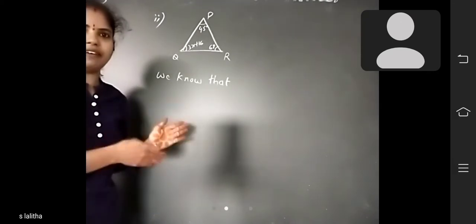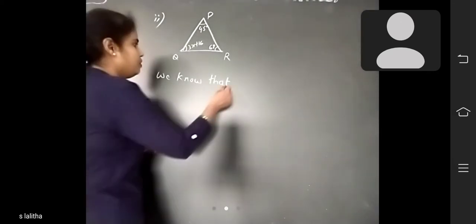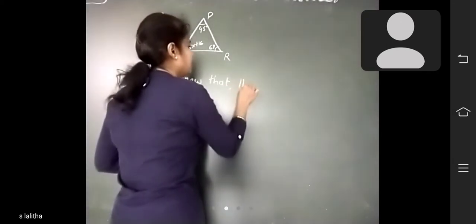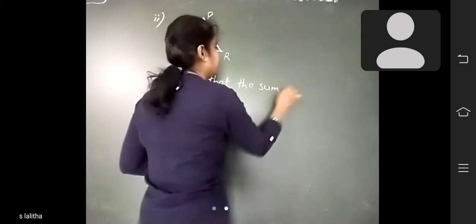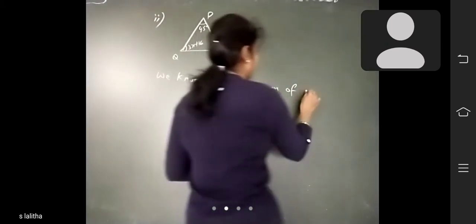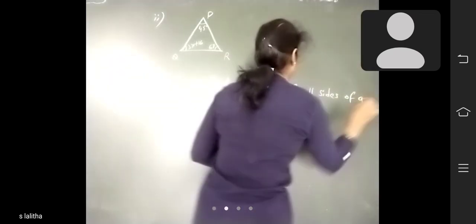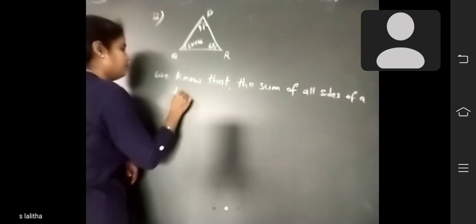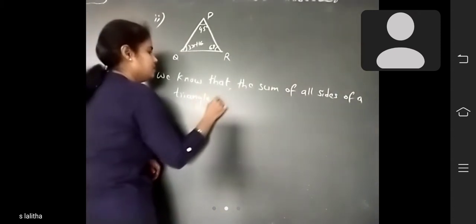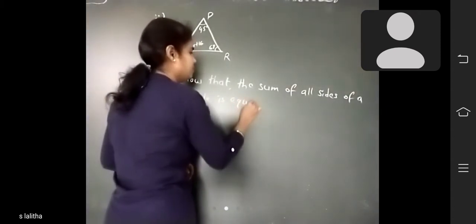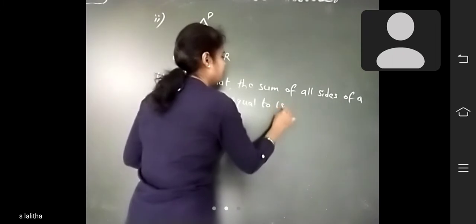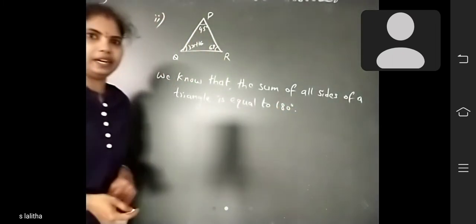Already we learned in the 7th and 6th class also. Okay. We know that the sum of all angles of a triangle is equal to 180 degrees.